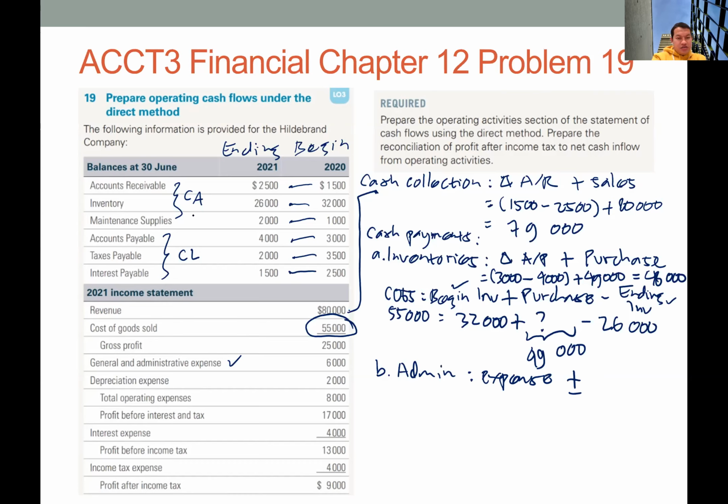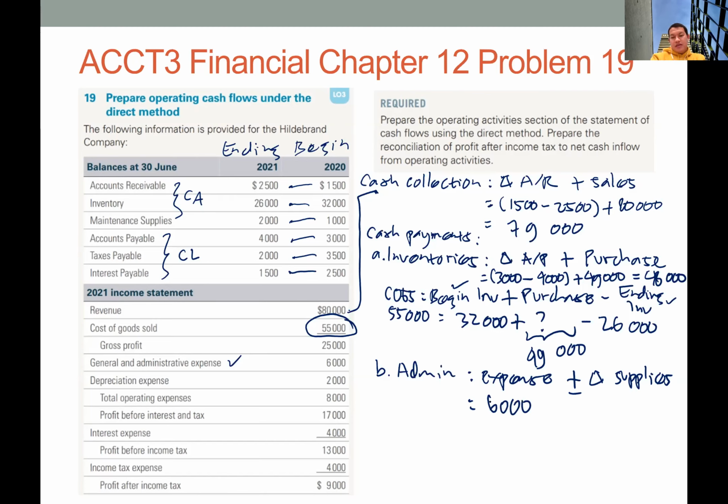Okay, I think the supplies should be part of the admin expenses. So we should add or minus the changes in supplies. Okay, so the expense is 6,000.